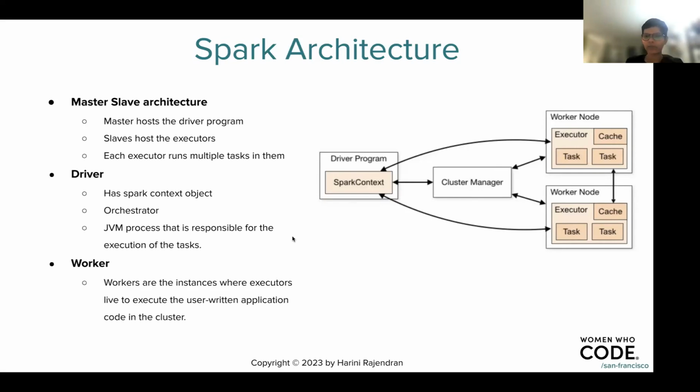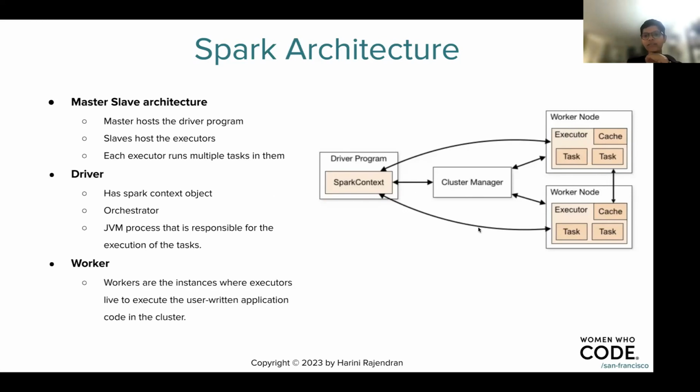And the Spark logic that you write, where you are actually doing the data crunching, those tasks would get executed on the worker node. Only the entry point is on the driver node, but the actual data crunching happens within these tasks in the worker node. So this is the overall architecture. The driver program has the context.